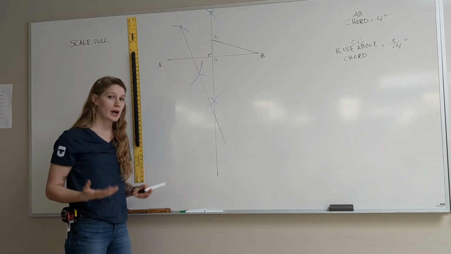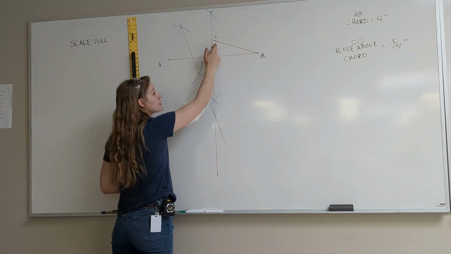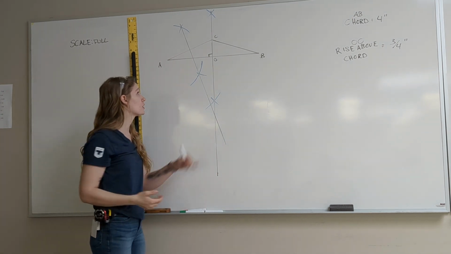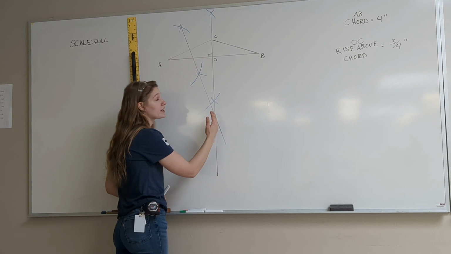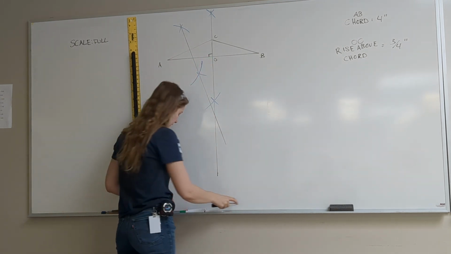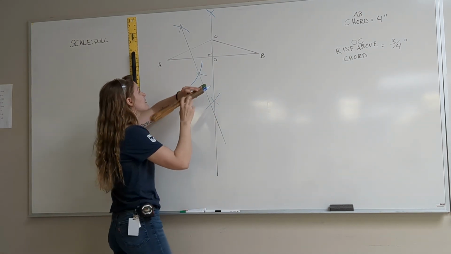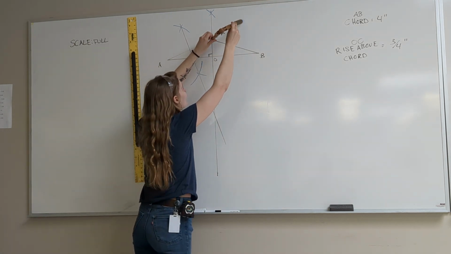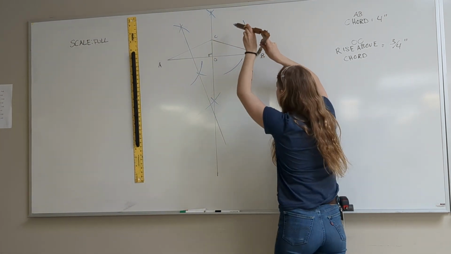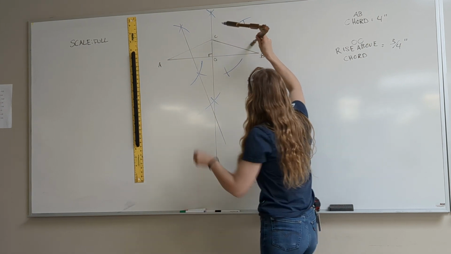But what I would strongly recommend is that we go to the other side, CB, and also bisect that, because what this allows me to do is double check to make sure that my center line is actually 90 degrees and my AC line was bisected correctly. So one more time, bisecting line CB, strike an arc above, below, come over to point B with that same radius set to my compass, go above, below.